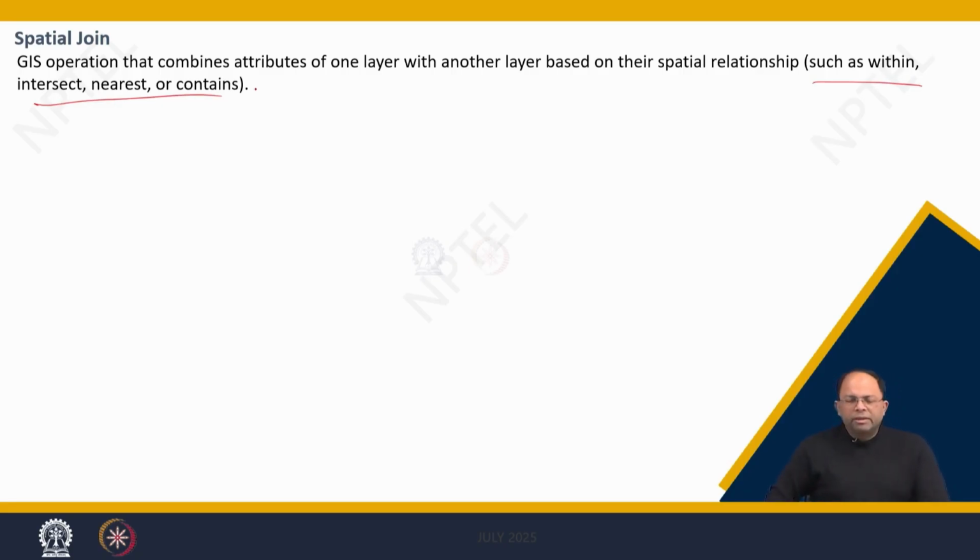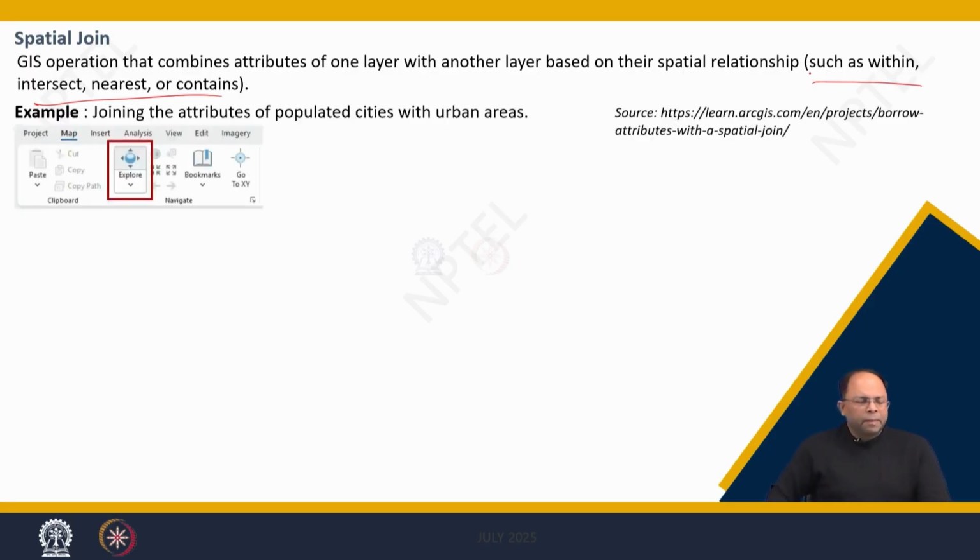So it will add features from two different layers based on some criteria, which means that one feature could be within or intersecting a feature from the base layer. We are taking this example from Learn ArcGIS.